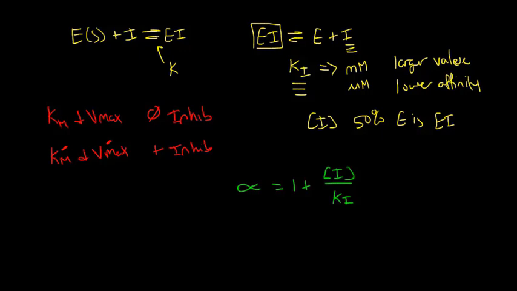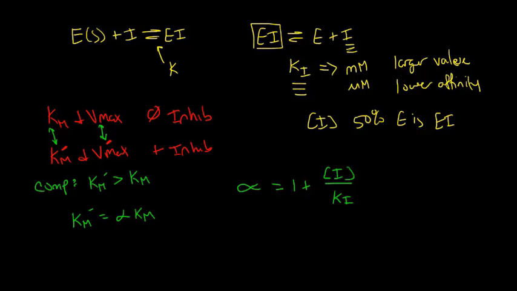Okay, and this really boils down to thinking about the relationship between Km and Km prime, or Vmax and Vmax prime. So for example, for a competitive inhibitor, right? So if we have a competitive inhibitor, we know that Km prime is larger than Km, meaning that we could set up an equation where Km prime equals alpha times Km.